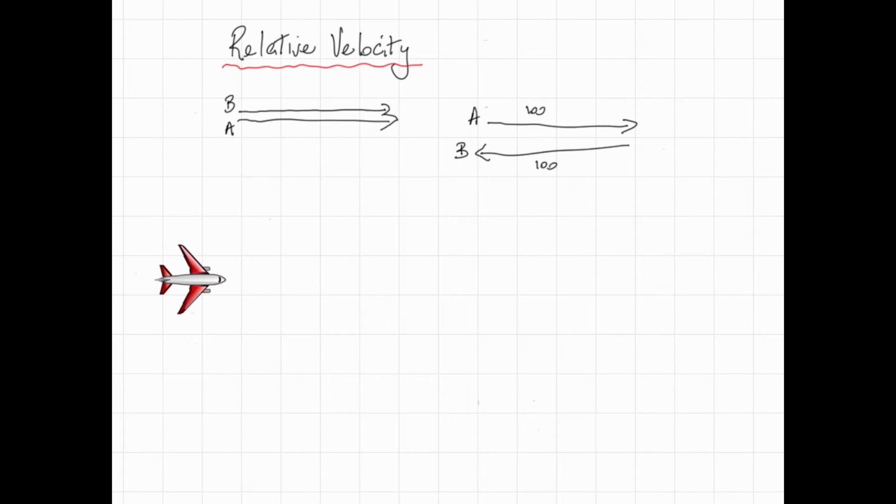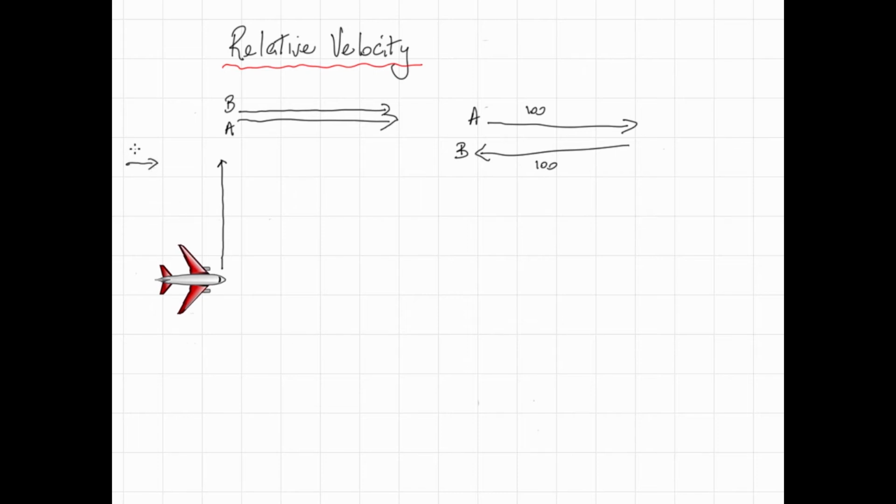That aeroplane will take off and it's going to travel in this direction. But lo and behold, there is a wind blowing, and that wind is blowing from this direction.